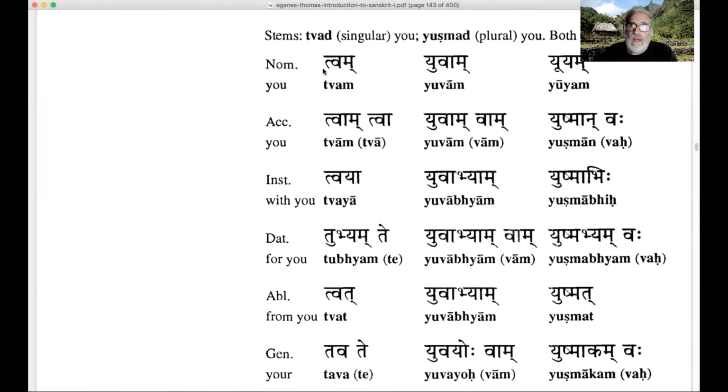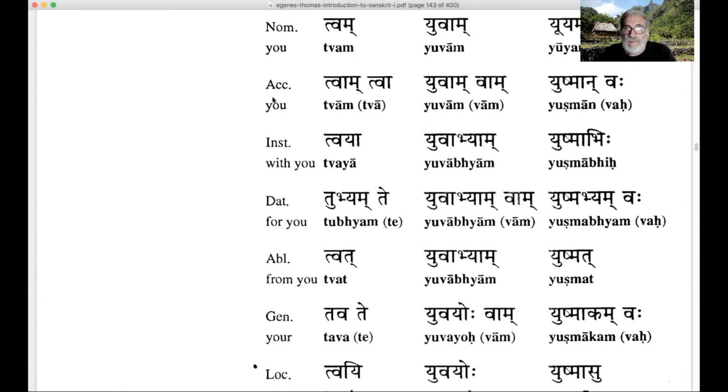Okay, so now we can also note that just like in the first person pronoun, in the second person pronoun there are also some alternatives. Once again, they're in the accusative, the dative, and the genitive, singular, dual, and plural. So what are they?